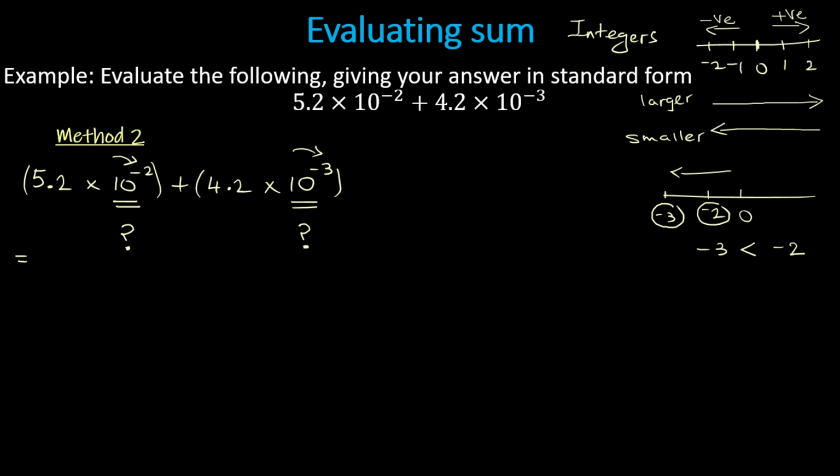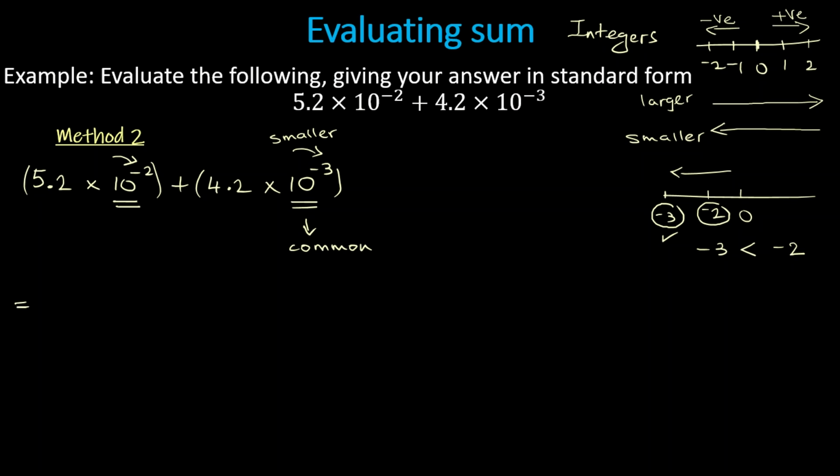Or simply, negative 2 is larger than negative 3. So here the smaller number is -3. So we have to take out 10 power -3 as common factor.